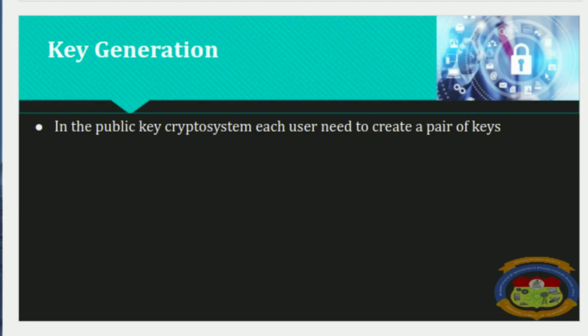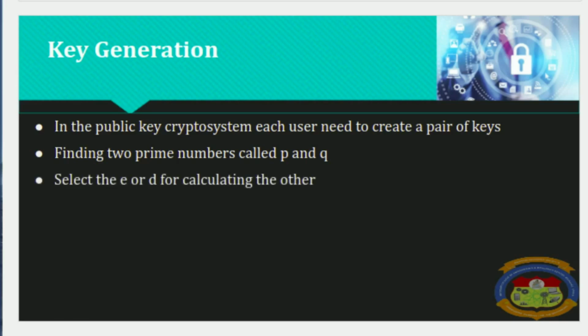This procedure involves tasks such as finding two prime numbers called P and Q. First, we select P and Q such that they are relatively prime numbers. In the second step, we select the E or the D value, calculating the other, when we find the prime numbers P and Q. The key generation is completed by selecting the value of E and computing D, or vice versa.